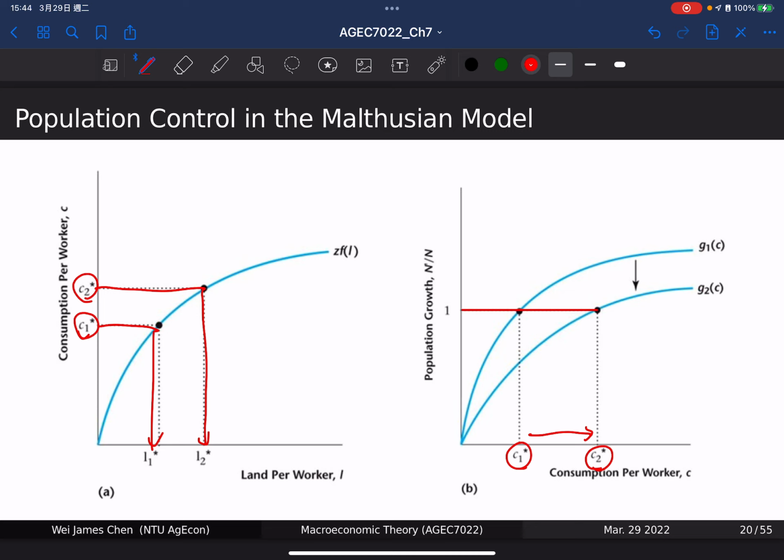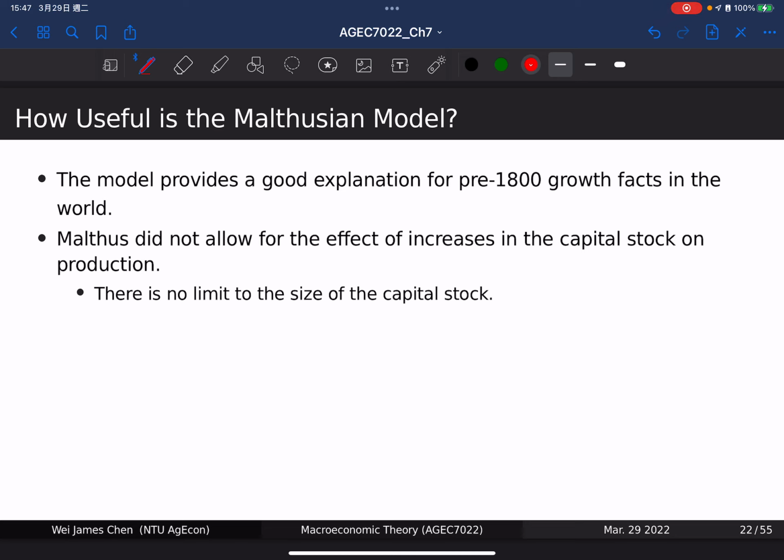So why is capital stock useful? The only capital here is the land in this model, right? Land is basically fixed. You cannot change how much land a country can have, or it's not easy to change how much land you have, or per capita, how much land each person gets. But there's no limit to the size of the capital stock.